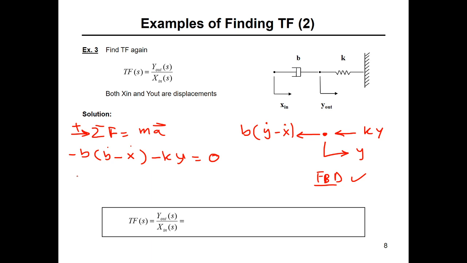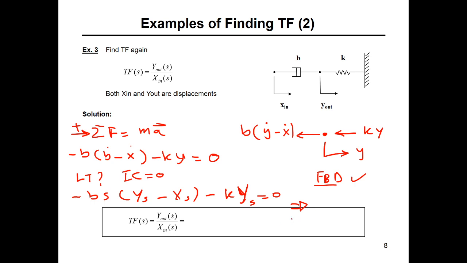Okay, take the Laplace transform, assuming zero initial conditions. We always do this step in order to find the transfer function. So this is going to be minus bs (Ys minus Xs) minus k Ys, capital letter Y, equal to 0. Collect all the coefficients of Y together on one side and X on the other side. So this is going to be, how much?